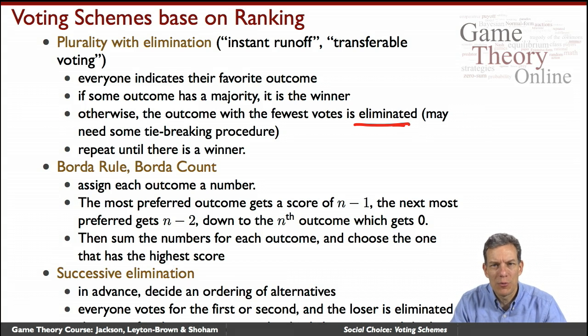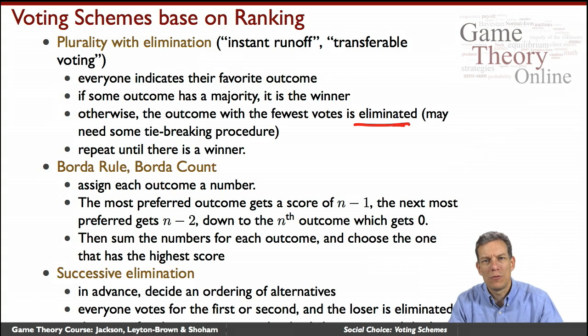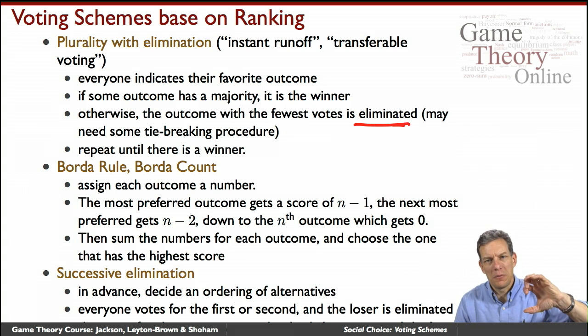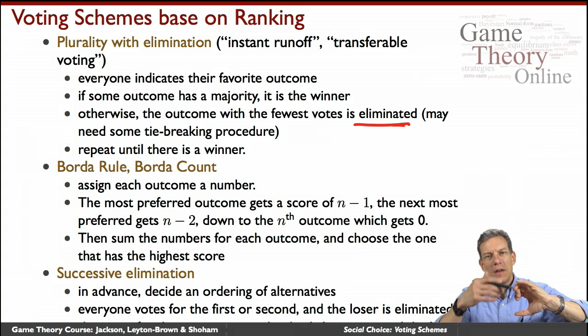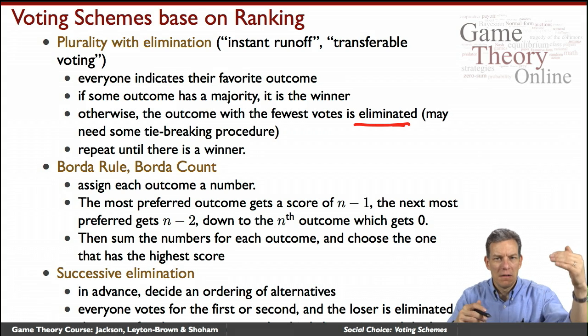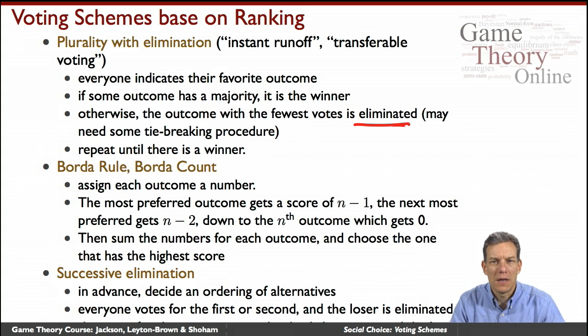You may need a tie-breaking procedure if there are 2 that have the fewest votes. So knock the one with the fewest votes out, and then revote. So now we've only got a subset of the candidates left, everybody expresses their favorite out of this. If somebody has a majority, that's the winner. If not, knock another one out, okay, and so forth. And actually, there are rules.